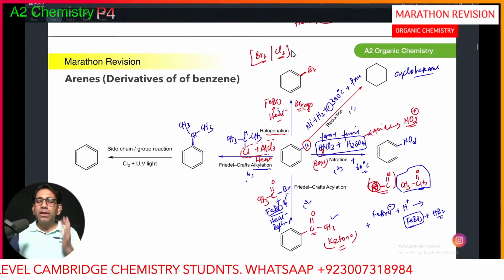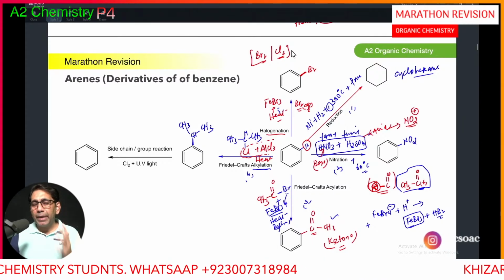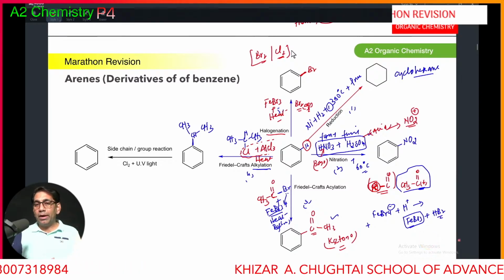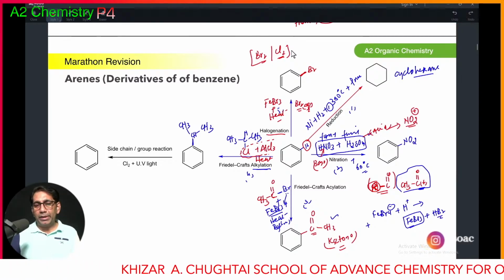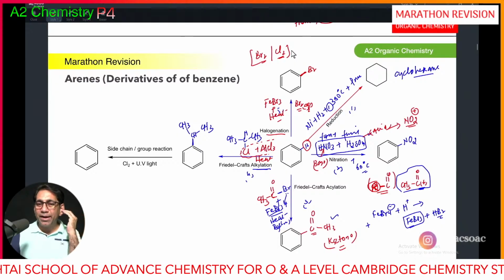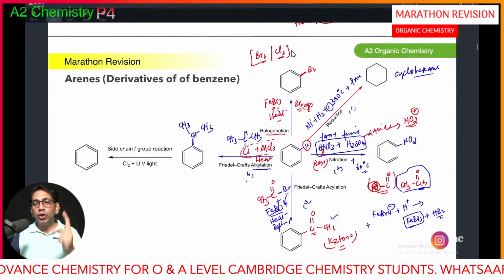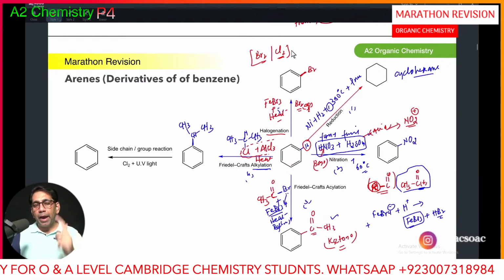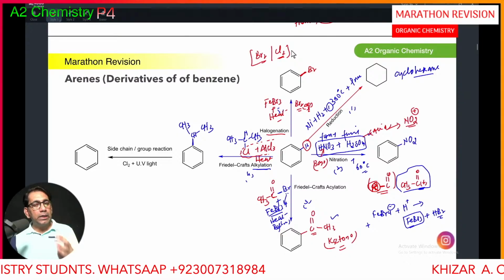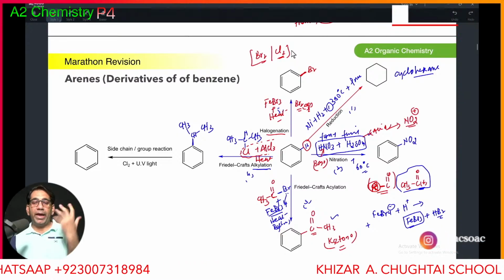So these are basically the 5 major reactions of the benzene ring. Those are repeated again and again in different topics. There is no other reaction associated with the benzene ring in your A2 Cambridge chemistry. So you just have to learn these 5 reactions.